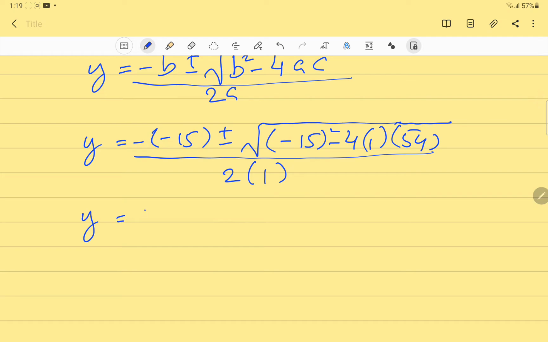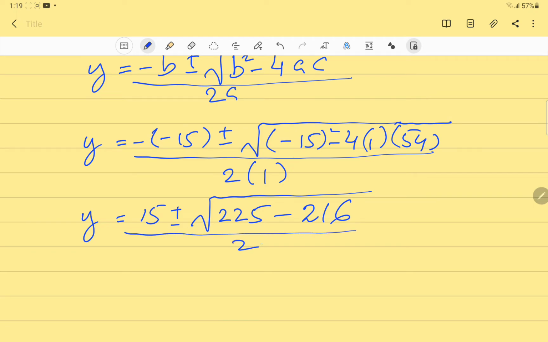Minus into minus 15 is plus 15 plus minus square root of 15 squared is 225 minus 4 into 54 is 216 over 2. So 15 plus minus square root of 9 over 2.